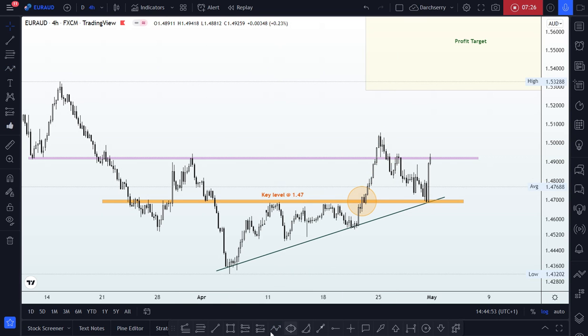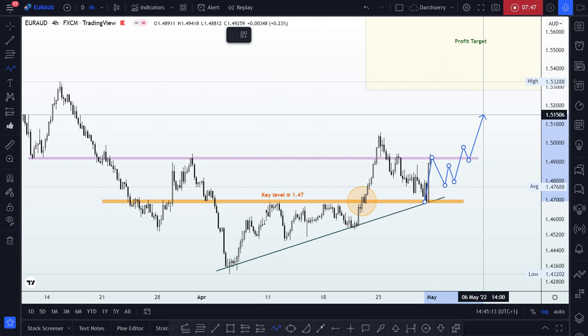Afterwards we saw another move into that area on Friday, where we expected price will probably do a retracement somewhat into this area, after which we see a reversal structure to send price going to the upside.